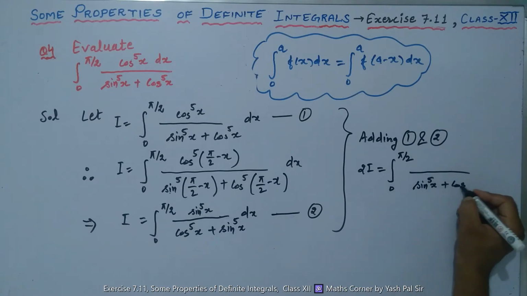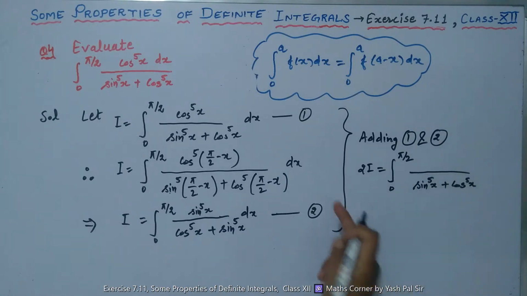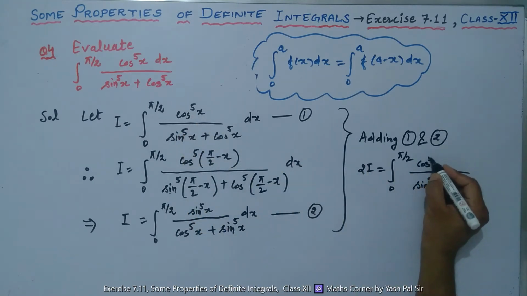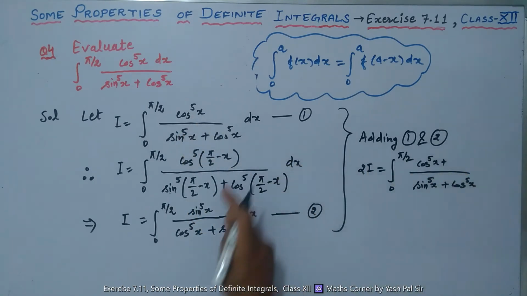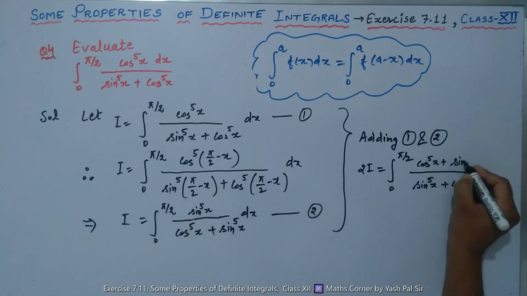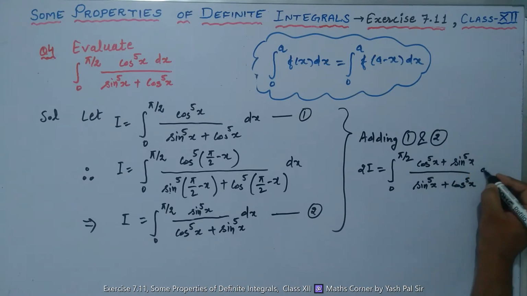So in first equation what is numerator? This is cos power 5x plus in equation 2 numerator is sin raised to power 5x into dx.